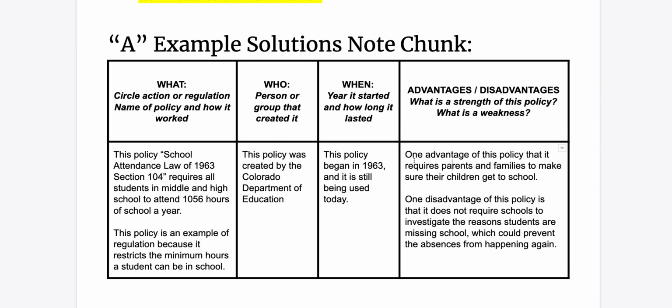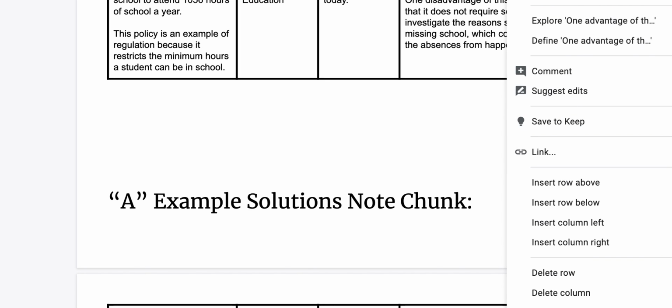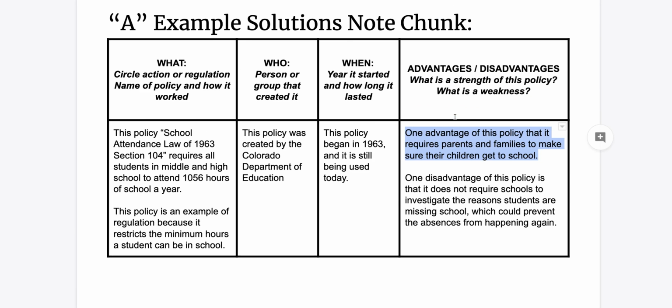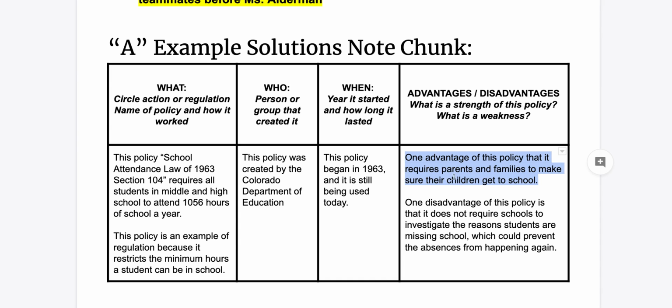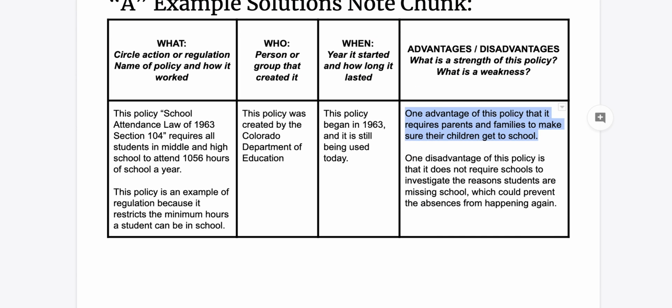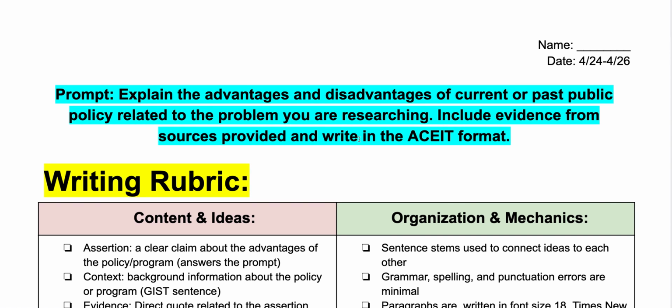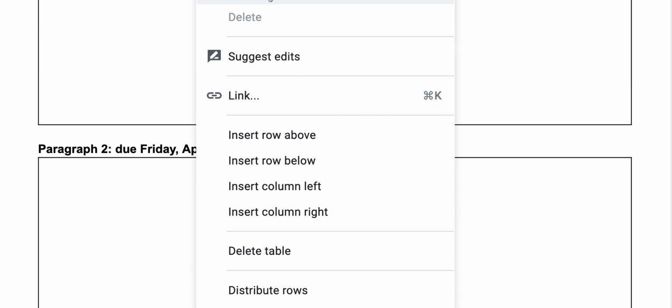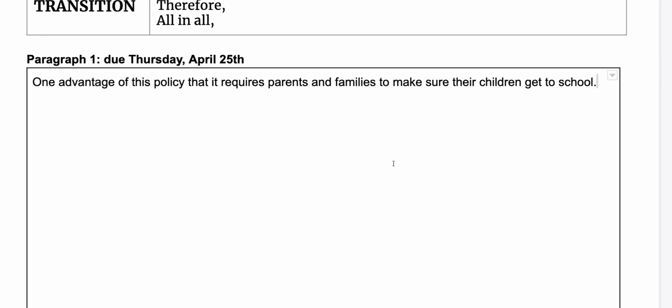So you've already pretty much answered the question that I'm asking you to write about. So for this example, I'm going to copy and paste from my solutions analysis assignment, from that column right into where I need to write my paragraph. And then boom, I already have my assertion, my first answer to the question.